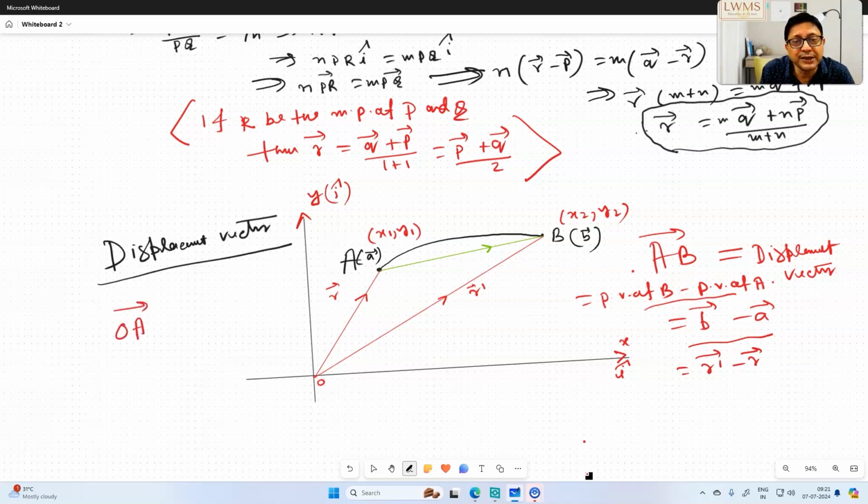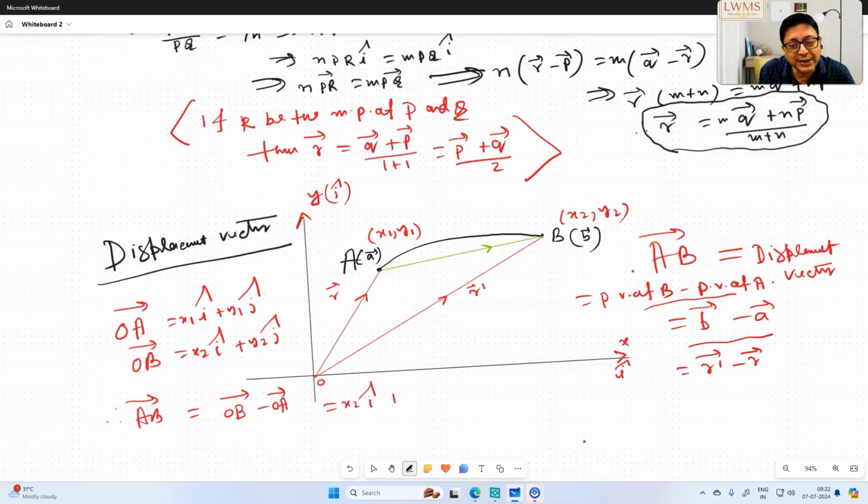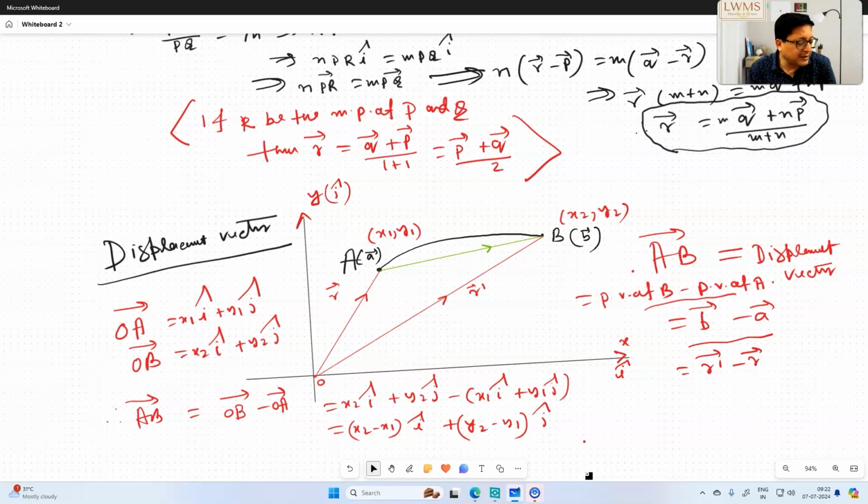OA vector is x1 i cap plus y1 j cap. OB vector is x2 i cap plus y2 j cap. So AB vector is going to be OB minus OA, that is x2 i cap plus y2 j cap minus x1 i cap minus y1 j cap. So this we can write as (x2 minus x1) i cap plus (y2 minus y1) j cap.